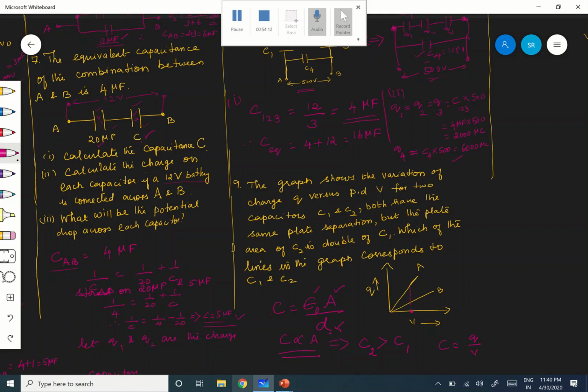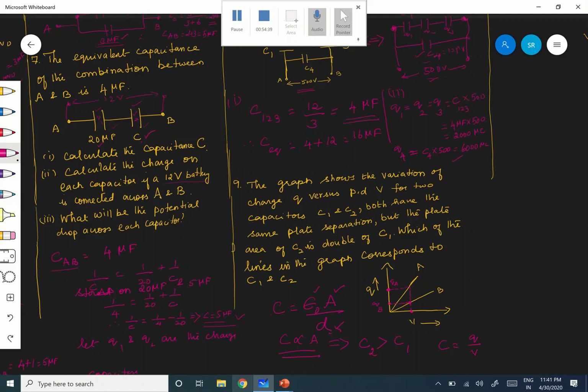The charge corresponding to this intercept is QA. The charge corresponding to this intercept, here, is QB.